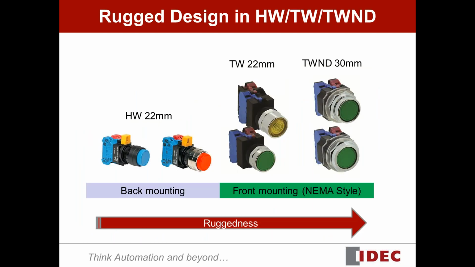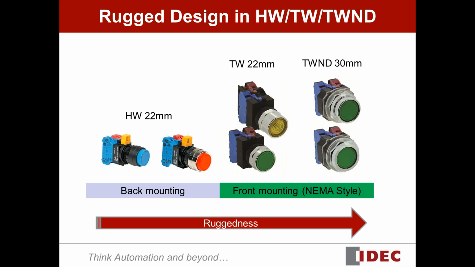This is a different arrangement of those three series of switches. I put them in order of ruggedness, increasing from left to right. From the left, we have the plastic bezel, normal HW series, 22 millimeter. Then we have the metal bezel in HW. If that's not enough, you can choose our TW 22 millimeter, which has an octagonal metal locking ring front.